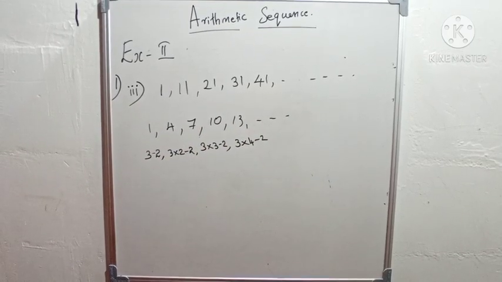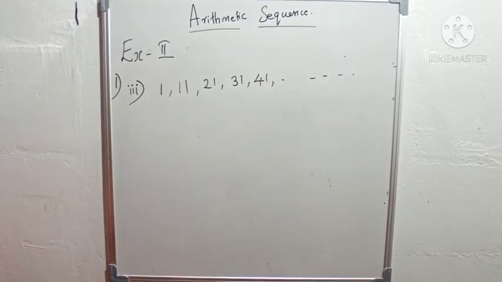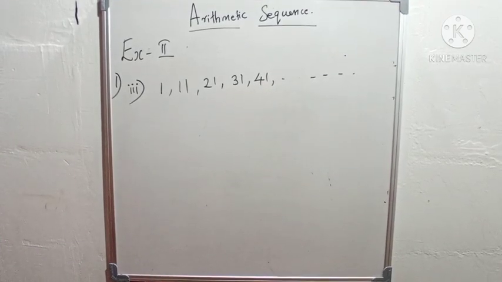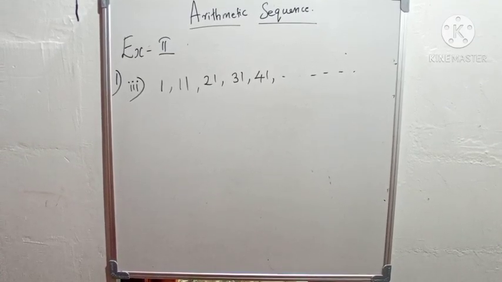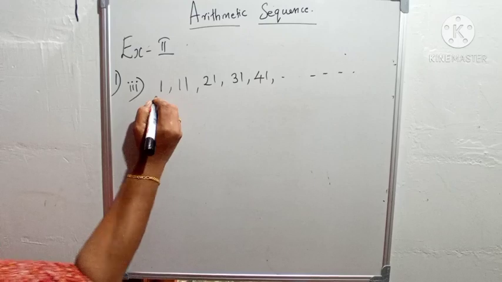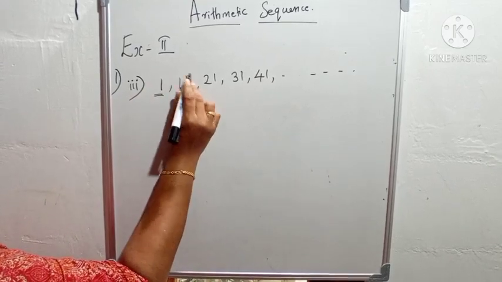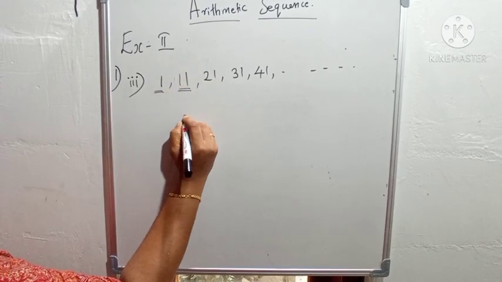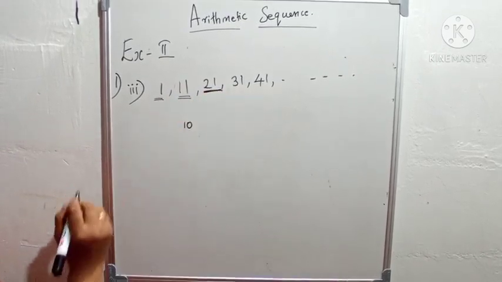Okay, similarly, how do we find a connection with any multiples of one number and this sequence? See, this number is 1, this one is 11. This is close to which number? Yes, that is close to 10. And this one is close to which number?